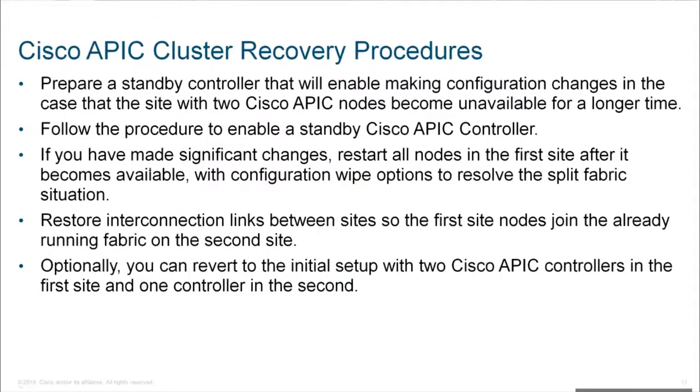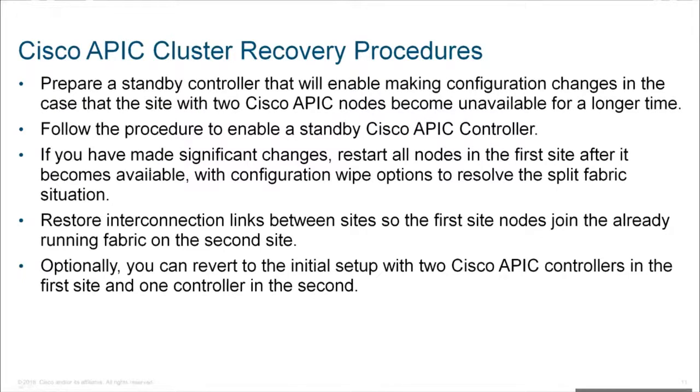That shows you how to prepare a standby controller and make configuration changes in the case that the site with the 2 APICs becomes unavailable for a longer time. You'll just have to follow the procedures that I mentioned. If you've made significant changes on that site number 2, clean all the nodes in the first site and have them join the cluster again.